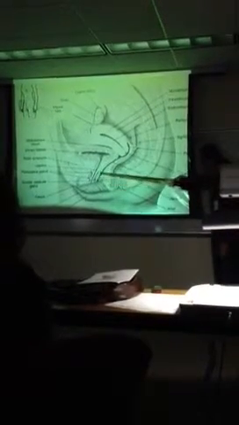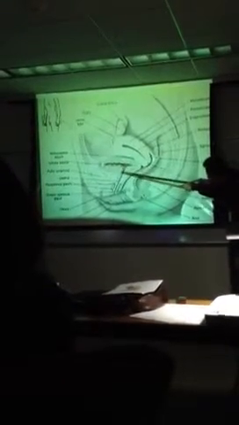The next thing moving forward is the vaginal opening right here. That's the vagina. And anterior to the vaginal opening is the urethral orifice, and that's connected to the bladder. So urethra, vagina, anus.